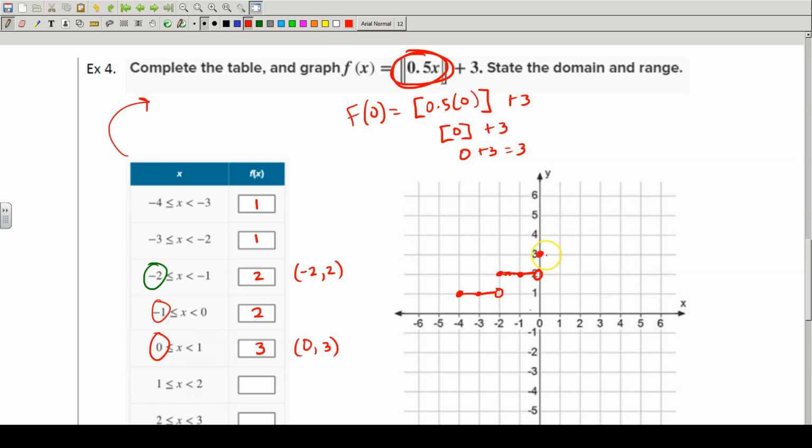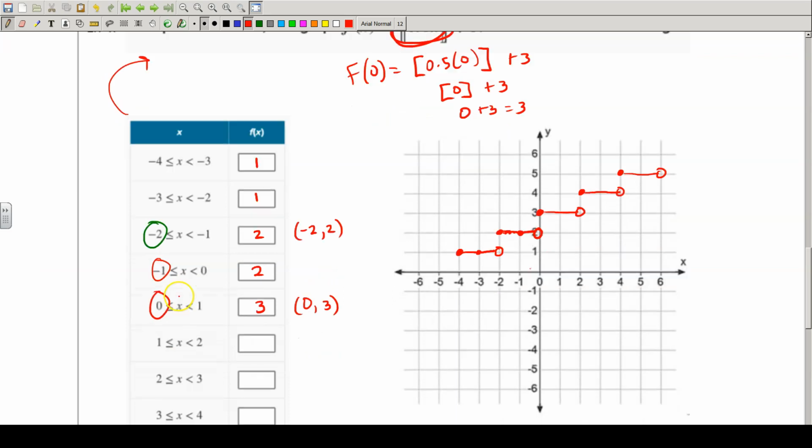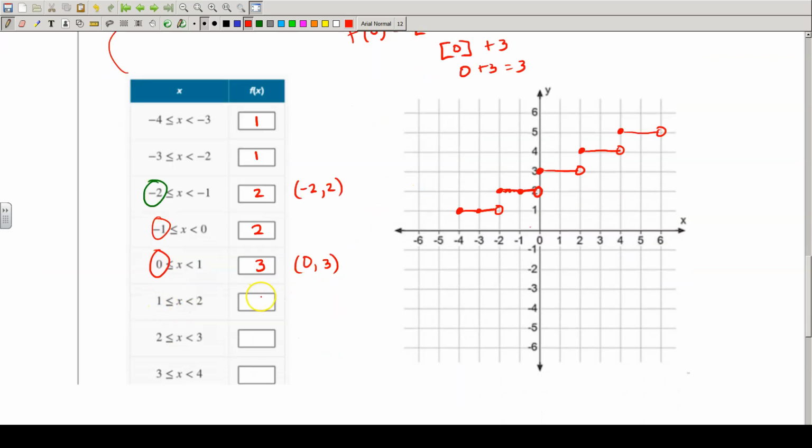This pattern continues, and now we can follow this pattern along, where I'm going to basically span 2 x values and then jump up a y value that goes like this. And I can keep doing that over and over again. You can keep plugging in these values, but this should give you a 3, this should give you a 4, this should give you a 4.